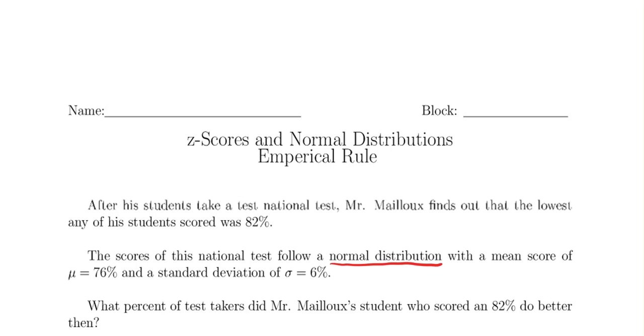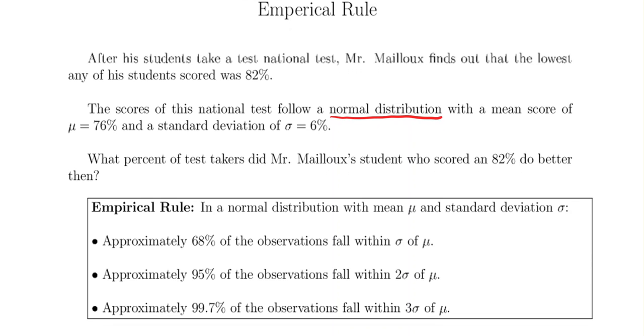So what we want to talk about is the empirical rule, which says in a normal distribution with a mean of mu, which is what we use to denote population mean in statistics, and standard deviation of sigma, which we use to denote population standard deviation, then approximately 68% of the observations are going to fall within one standard deviation of the mean, so within one above or below the mean.